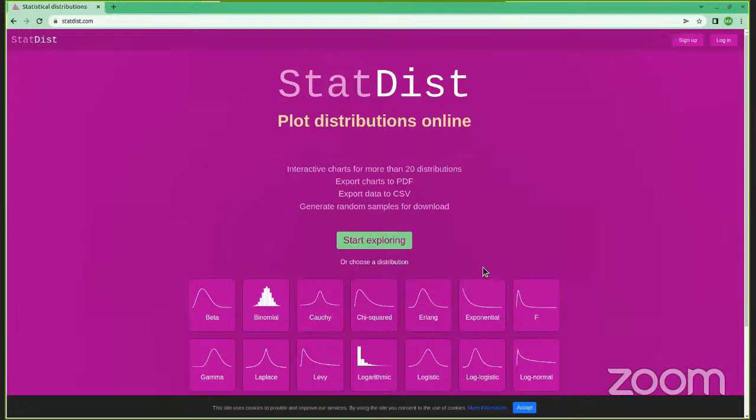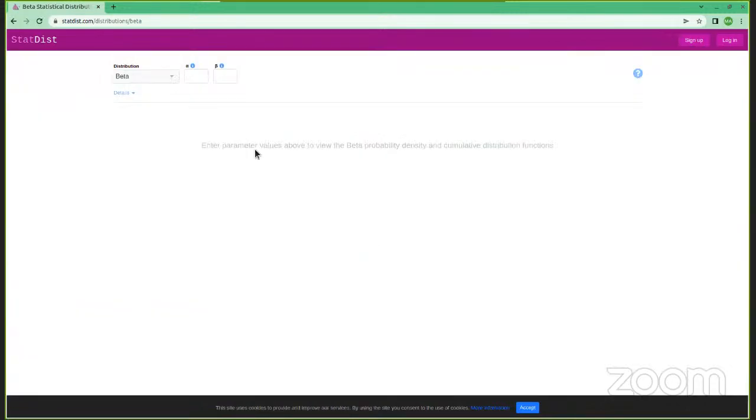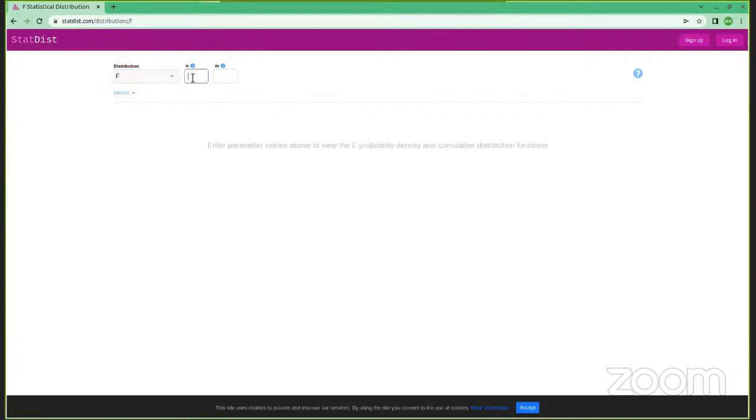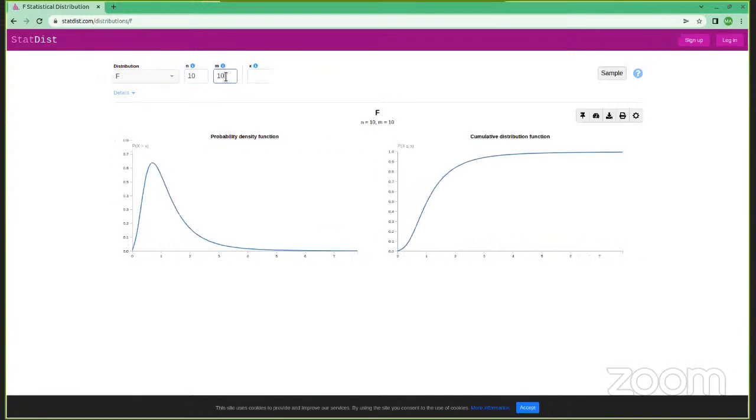We have plotting for different kinds of distributions. We want the F distribution, and let's keep the parameters as something like 10 and 10. So you see the PDF here.